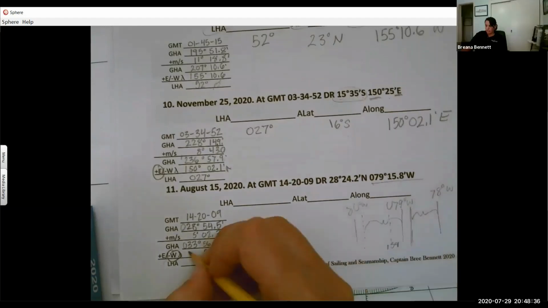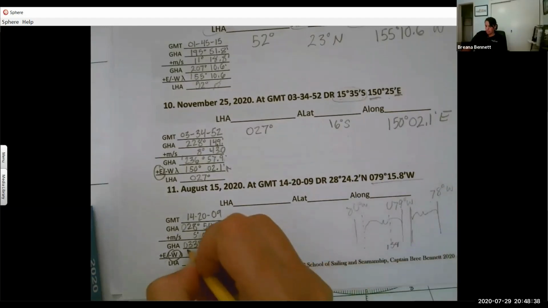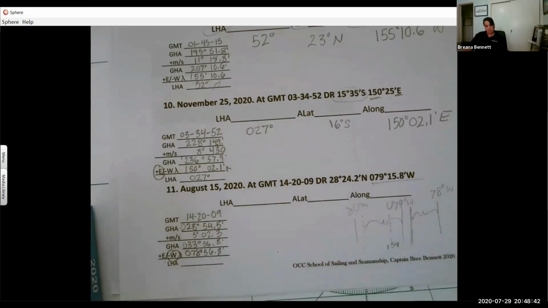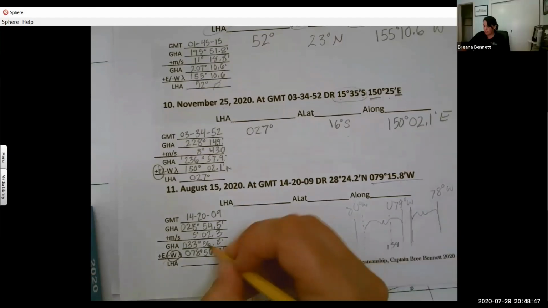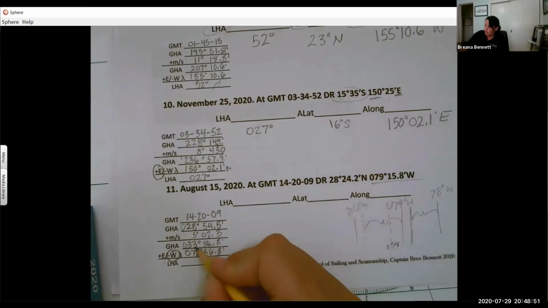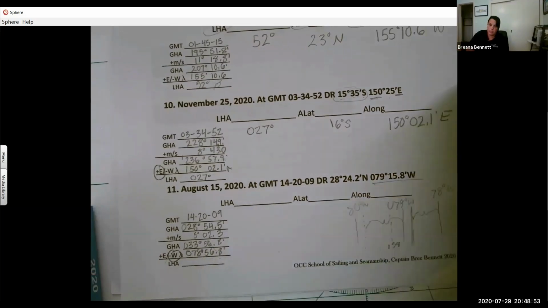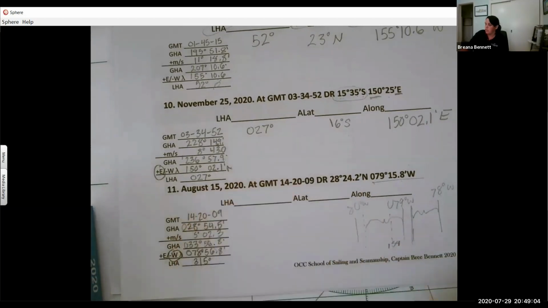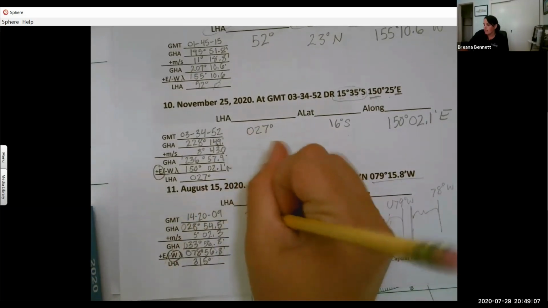So I'm going to call my assumed longitude 078 degrees. My 56 gets to 0. We do 33 plus 360 minus 78 gives us 315, whole degree.